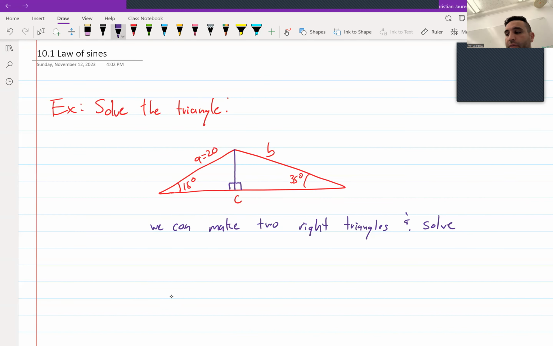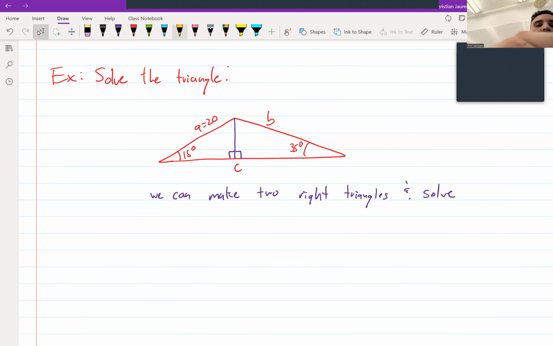It's called the law of sines. Before we write any facts, I'll say recall 4 types of triangles. Perhaps we remember this from our high school geometry class.